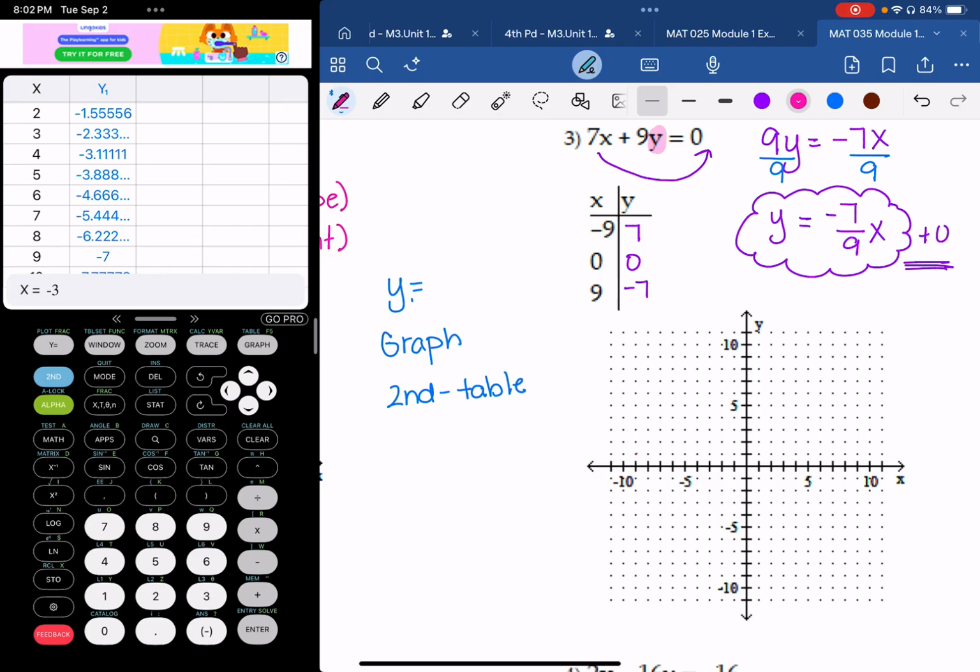Let's see if I can count right this time. 1, 2, 3, 4, 5, 6, 7. 0, 0. And then 9, negative 7. And then we're going to connect them. And that's it.